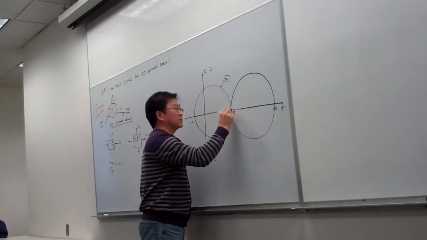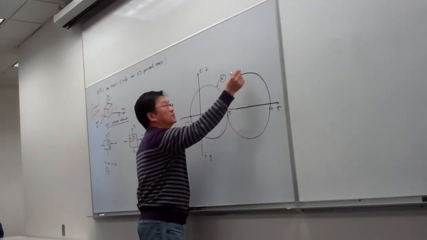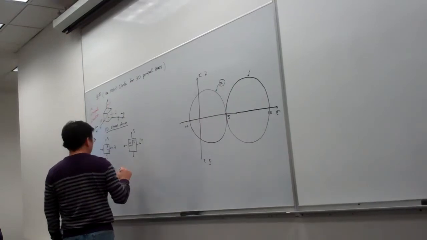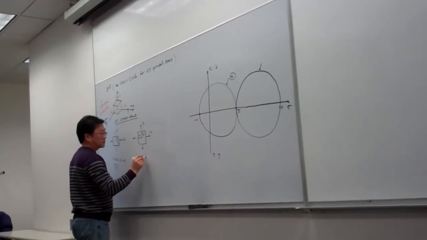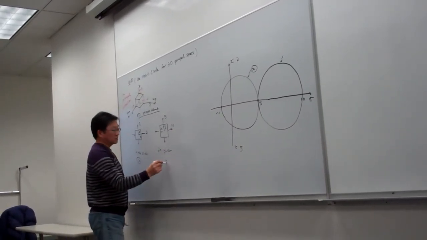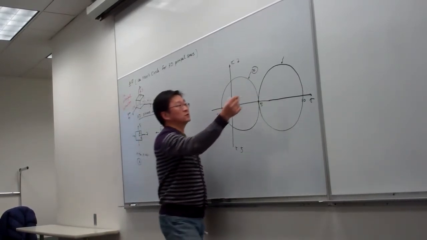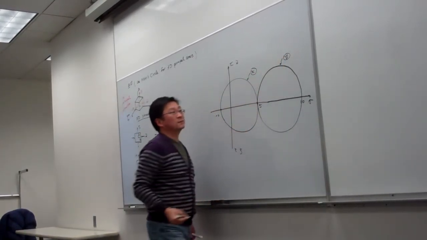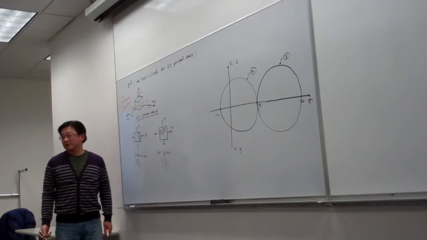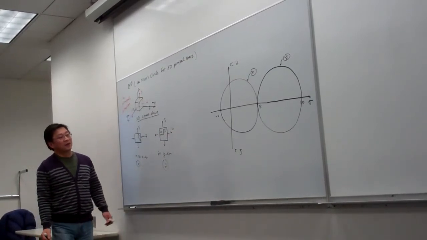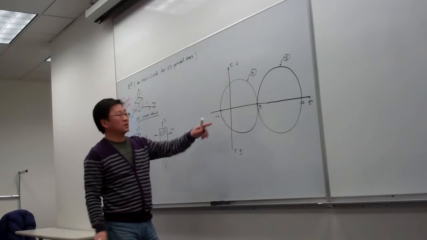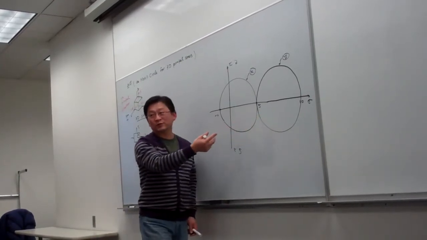There should be a tangent here. This one is looking in the y direction, so here we label it as y. We label this circle as corresponding to looking in the y direction. They shouldn't be equal in size, but my drawing is not so perfect.